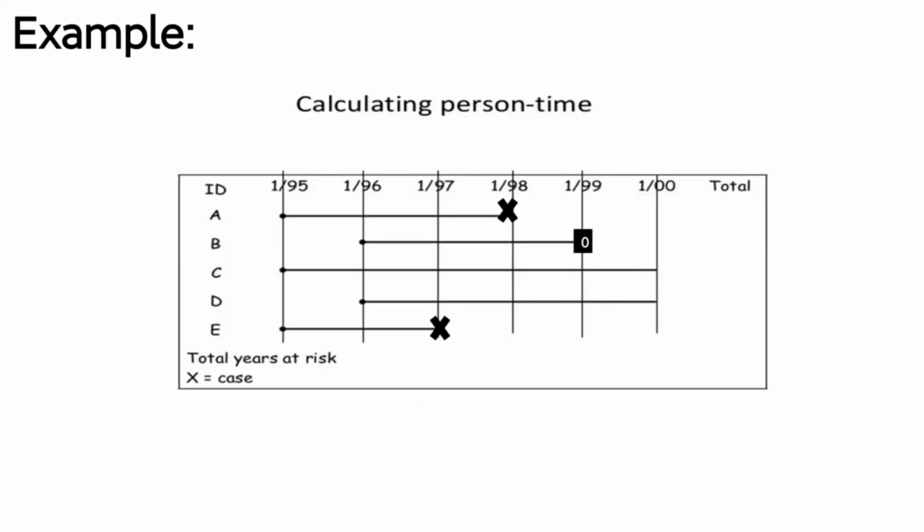So, check nyo lang na yan. In this table, yung may X, that means nag-develop ng case. So, you have 1, 2. Meron kang dalawang case or incident cases. So, basically, yung A mo dito or yung numerator is 2. Okay? So, sir, paano naman yung person time?